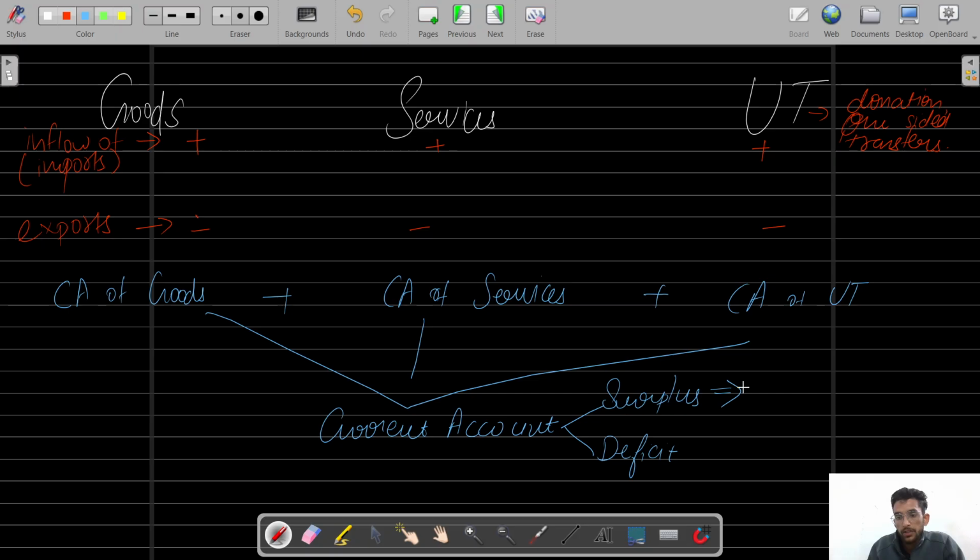Surplus is the situation when aggregate inflows are greater than outflows.